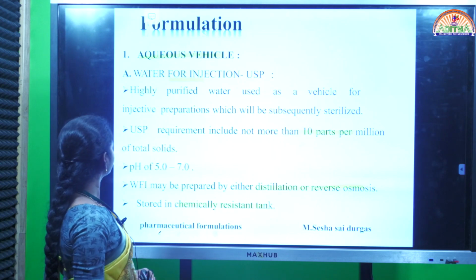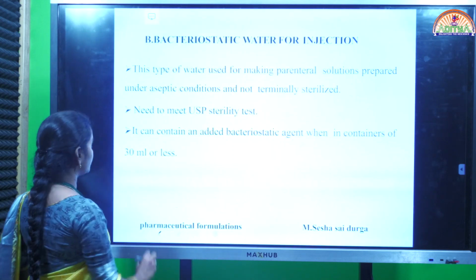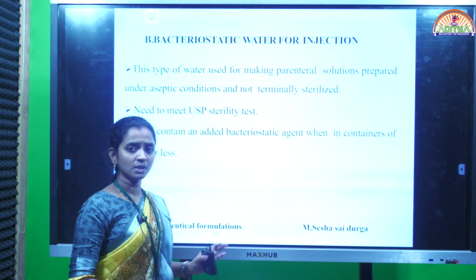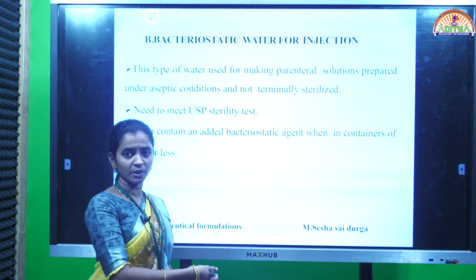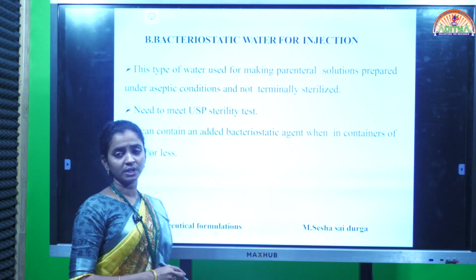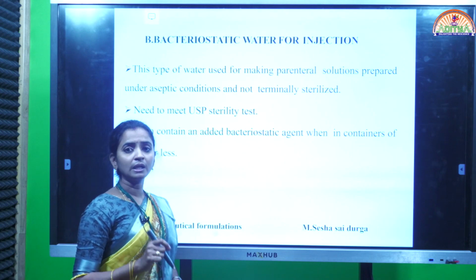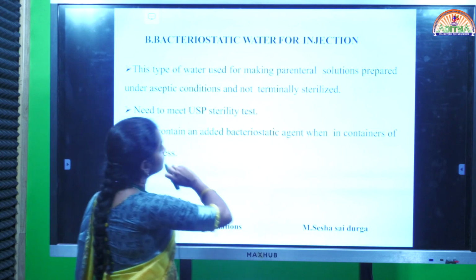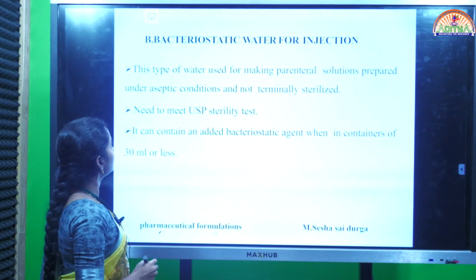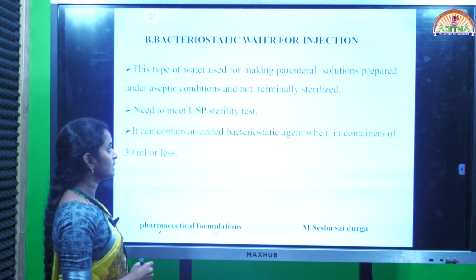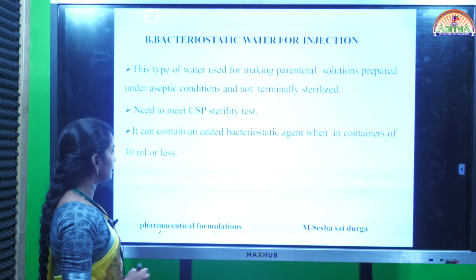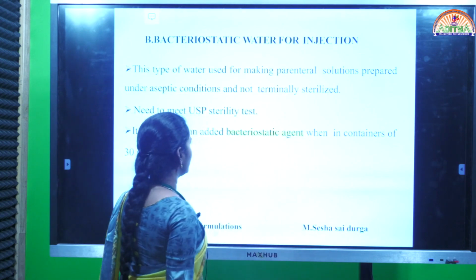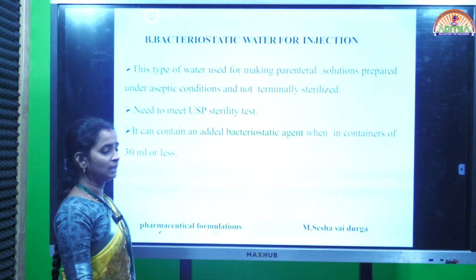And next, after water for injection, the next category is bacteriostatic water for injection. The same water for injection that we discussed previously is used here also, but there is a modification, that is including a bacteriostatic agent. Water used for making parenteral solutions prepared under aseptic conditions and not terminally sterilized needs to meet the USP sterility test. It can contain an added bacteriostatic agent when in containers of 30 ml or less.